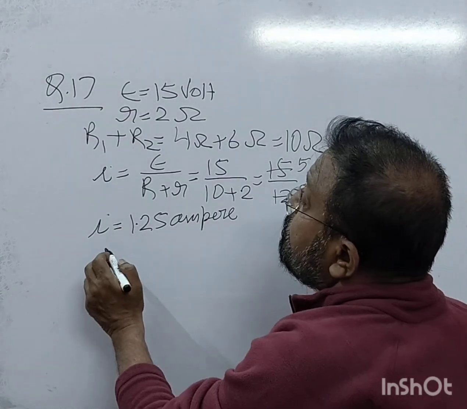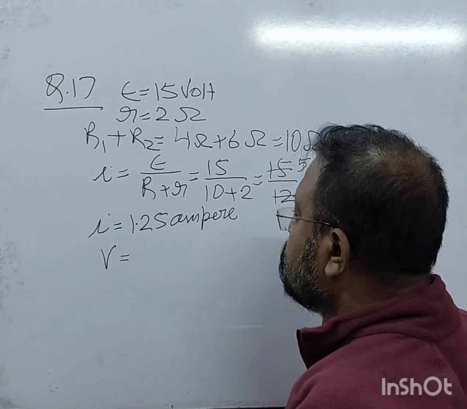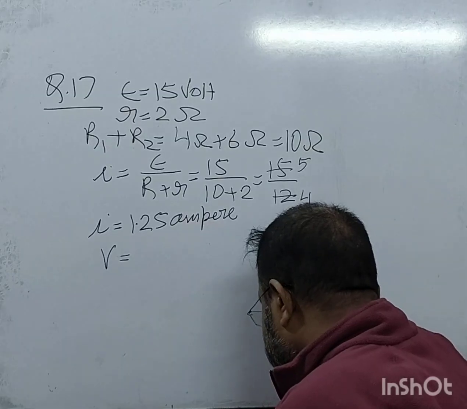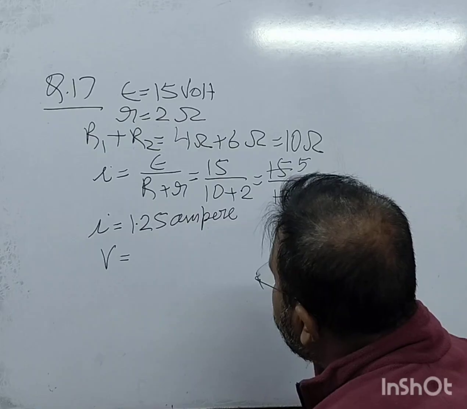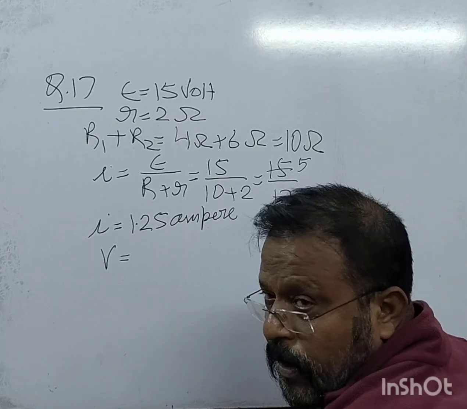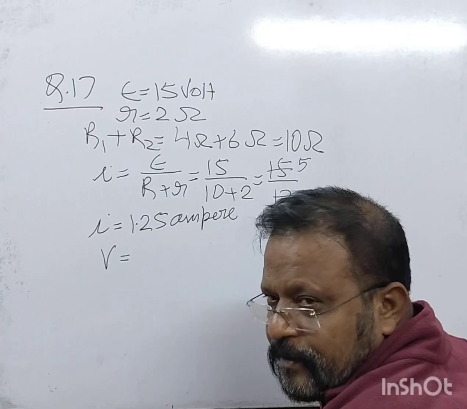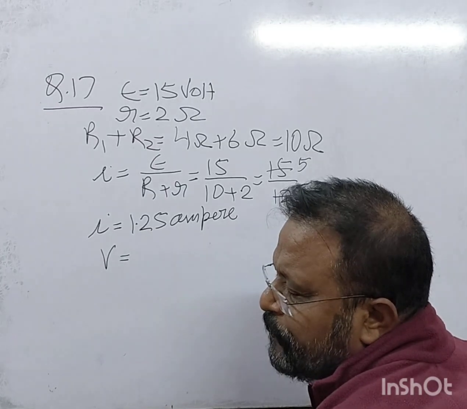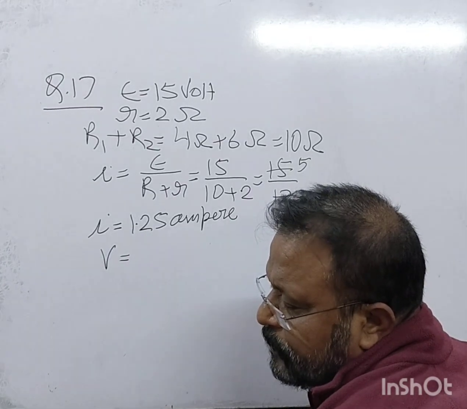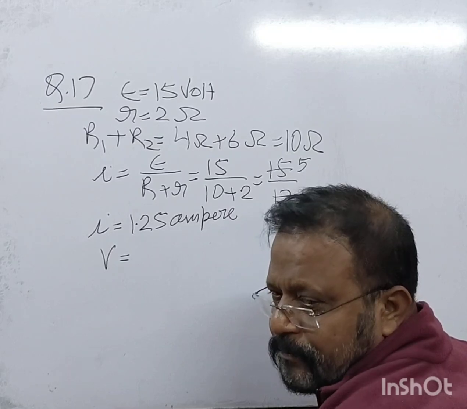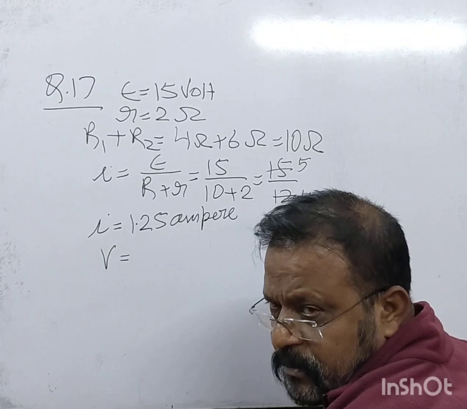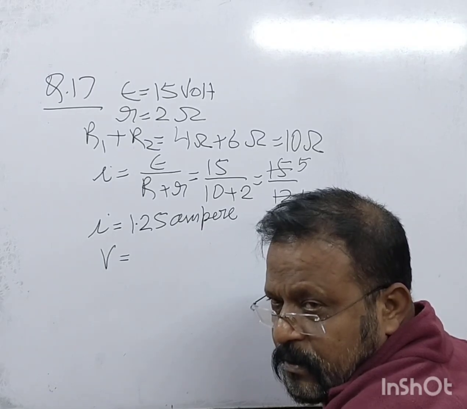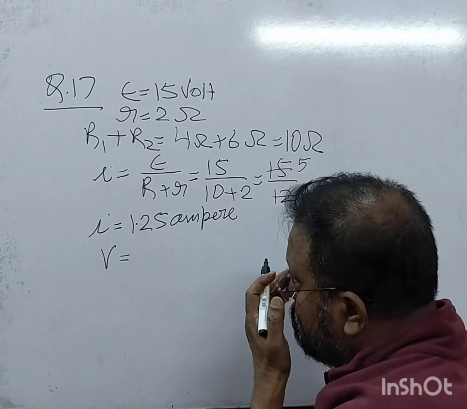So potential difference V is equal to, when they are in series, in which resistance we have to find the power dissipated? I hope 6 ohm resistor. 6 ohm resistor.